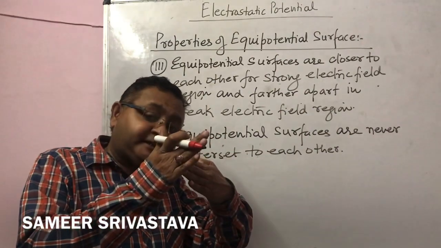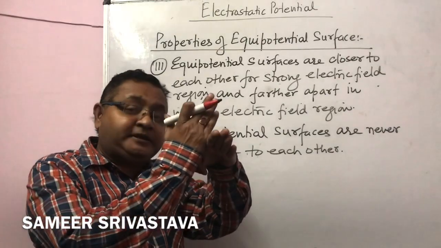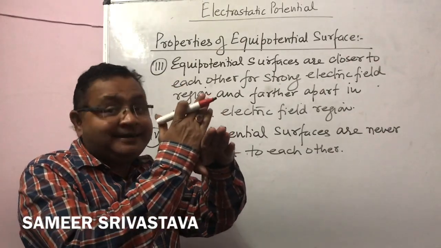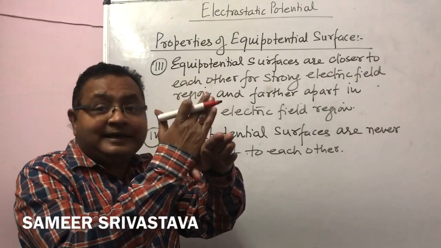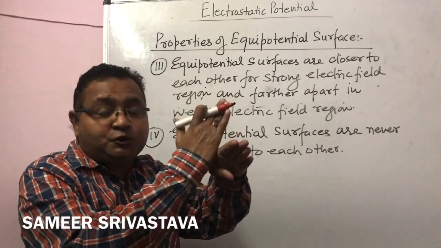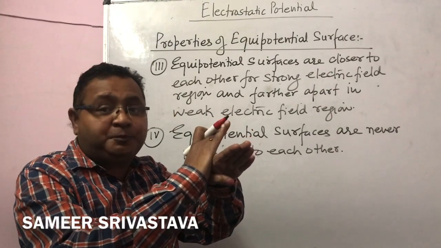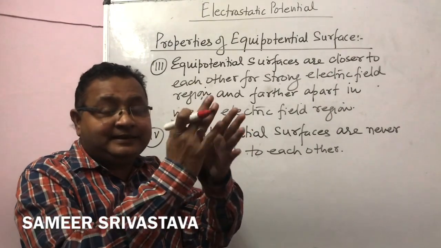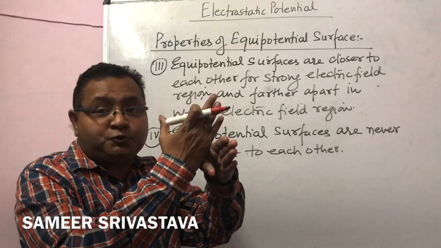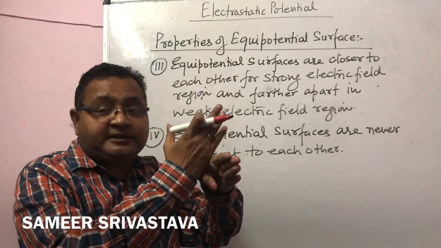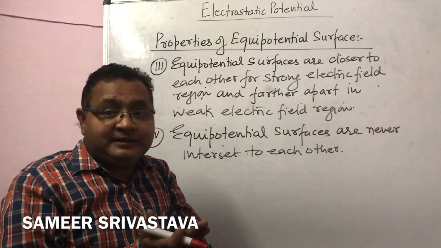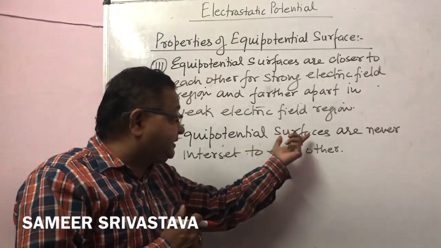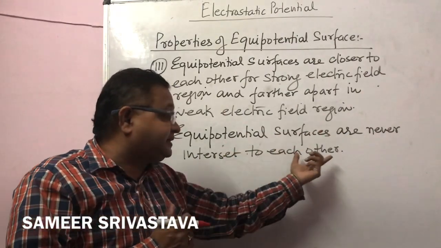If two equipotential surfaces cut each other, it means they have two different values of potential, but an equipotential surface has only one value of potential. Equipotential surfaces have the same value of potential. So equipotential surfaces never intersect each other.